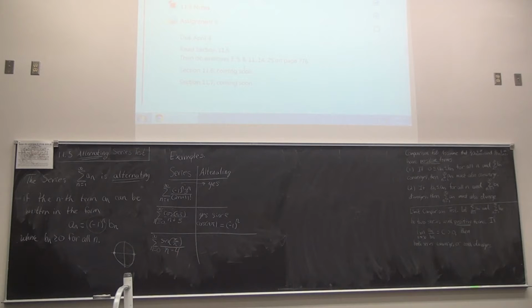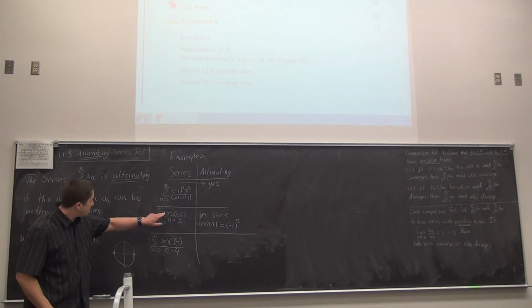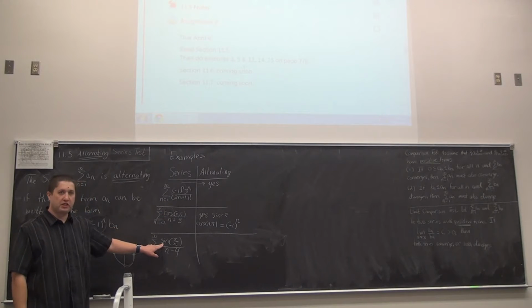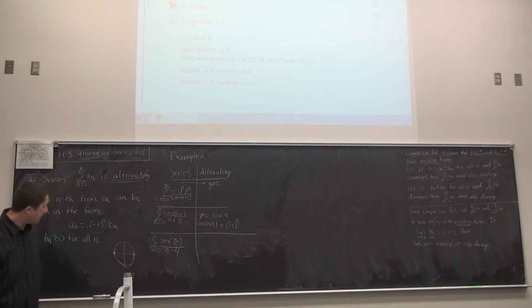Okay, so that's, once again, another nice series. It doesn't have the negative 1 to the power of n, so we might say it's not alternating. But, or excuse me, it doesn't have cosine n pi, which is negative 1 to the power of n. But we should be suspicious. How about sine pi divided by n? Would that one alternate or not alternate?